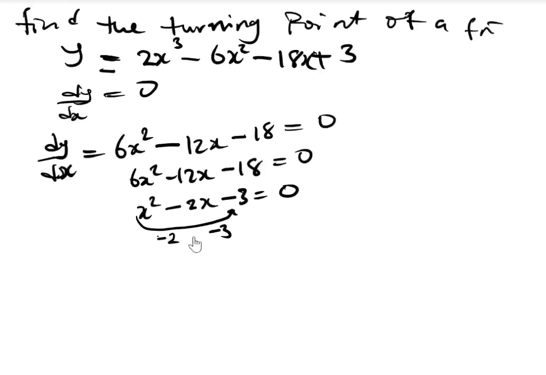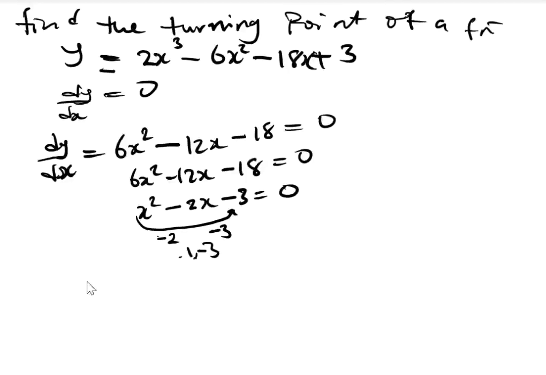We need to determine two numbers which, when we multiply them together, give minus 3, and when we add them together, give minus 2. And these are 1 and minus 3. Minus 3 multiplied by 1 is minus 3, and minus 3 plus 1 is minus 2.